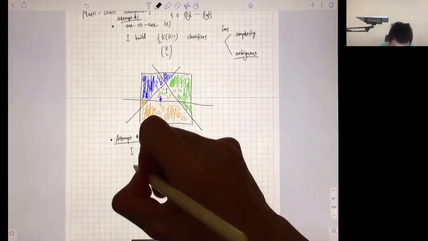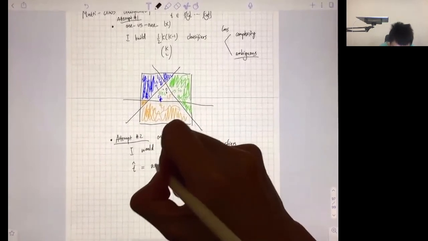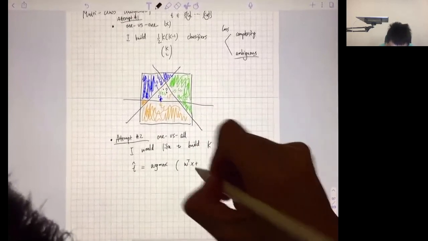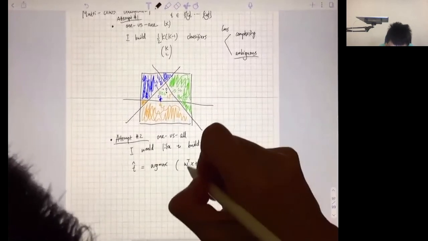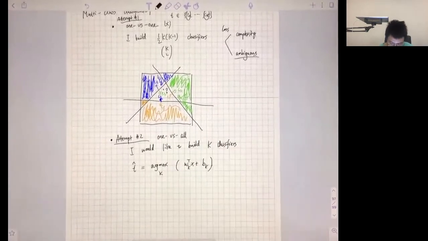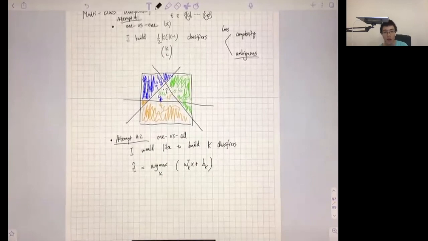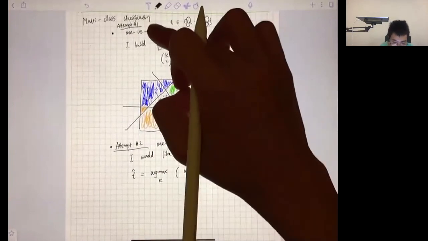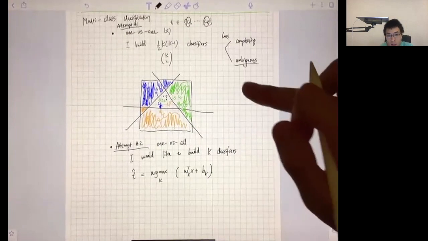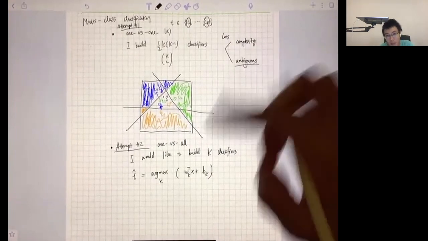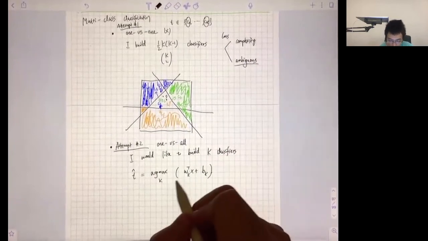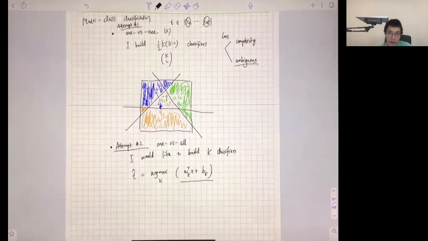But now I will choose the prediction as the argmax over the category k of W transpose X plus B for the little k, which has the largest margin. If you have a larger margin, then you classify the sample as that category. So obviously, 1 versus all is better than 1 versus 1. The complexity is linear in the number of categories, and also it's unambiguous. If you have argmaxes with the same numerical value, it's unlikely.